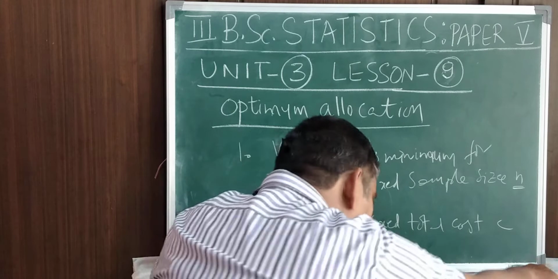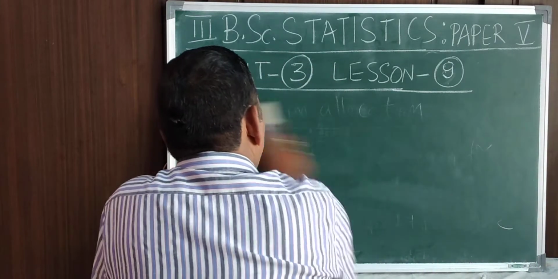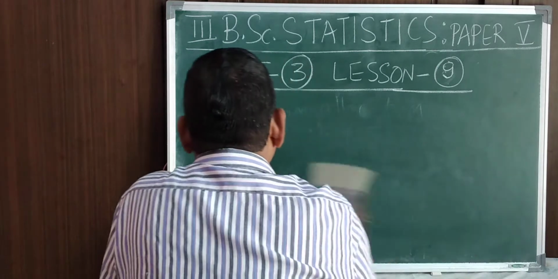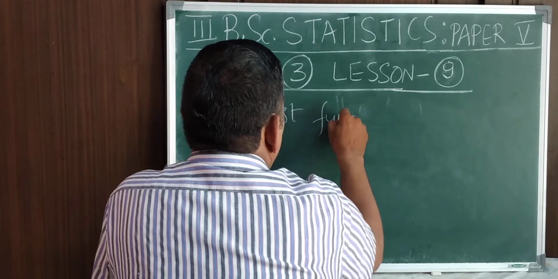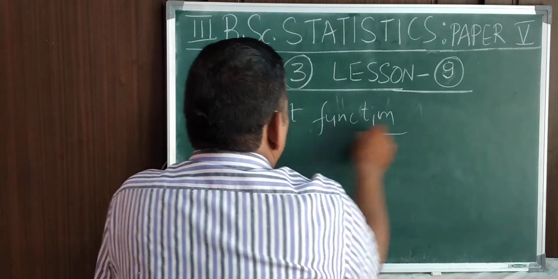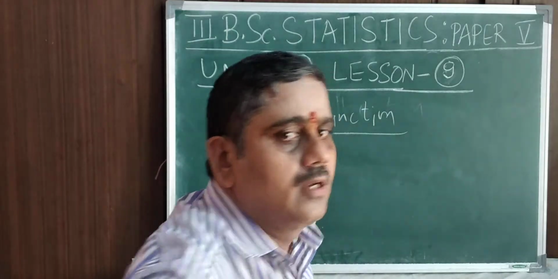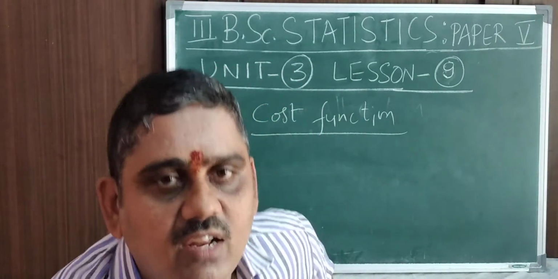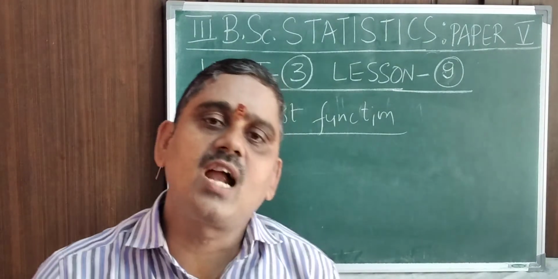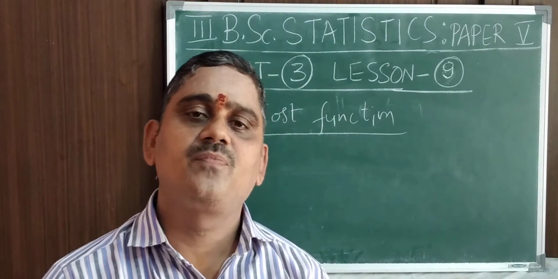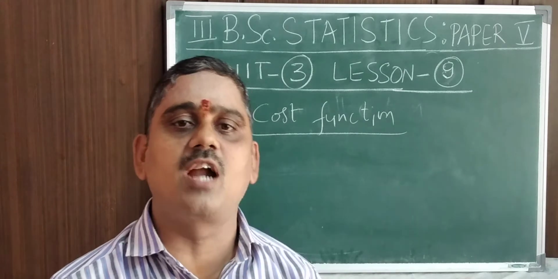Now I tell you the definition of the cost function in this lesson. Why is the cost function taken separately in stratified random sampling? Because in stratified random sampling, the cost usually differs from stratum to stratum.